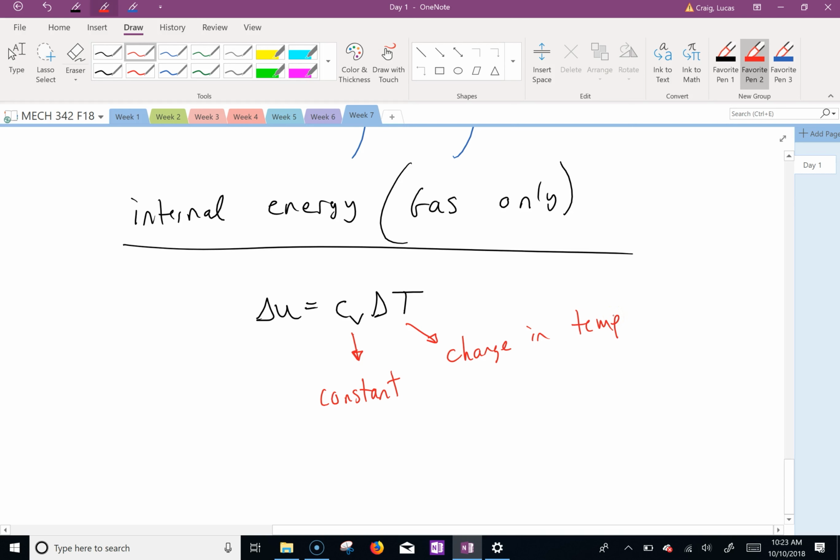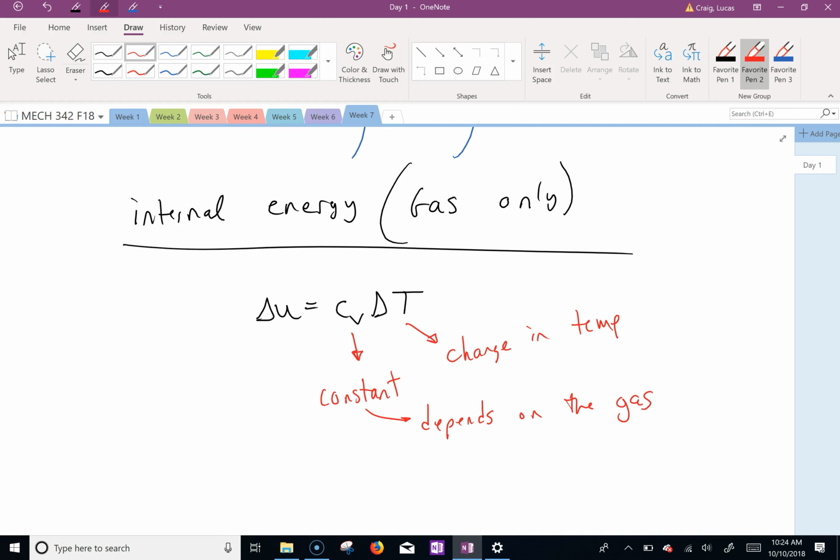It works. Really what they did is they did experiments, they fitted a line, and they found it's a linear relationship. Okay, so this is a constant. That constant depends on the gas. So if it's hydrogen, oxygen, refrigerant, air, they all have their separate C V constant. Okay, that's a specific heat.